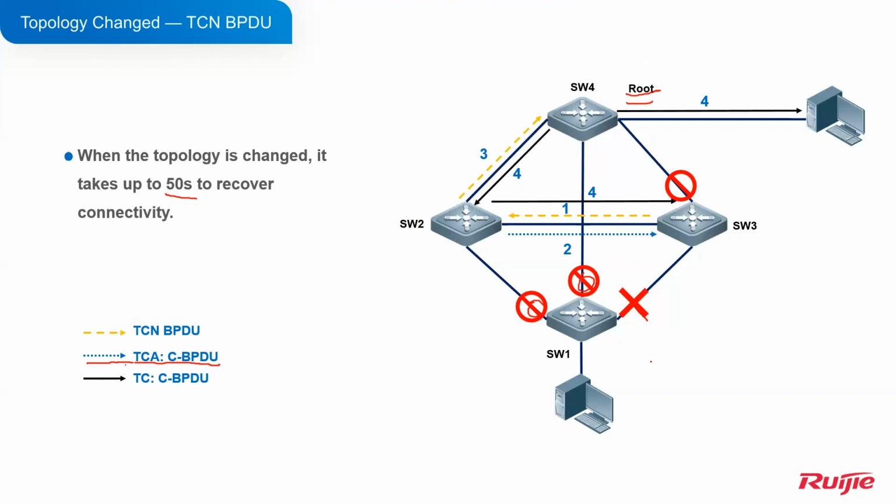And from the alternate port to the root port means we should switch the status from blocking to forwarding, and it takes 30 seconds. So in all, we should wait for 50 seconds. Okay, this is about the TCN BPDU.